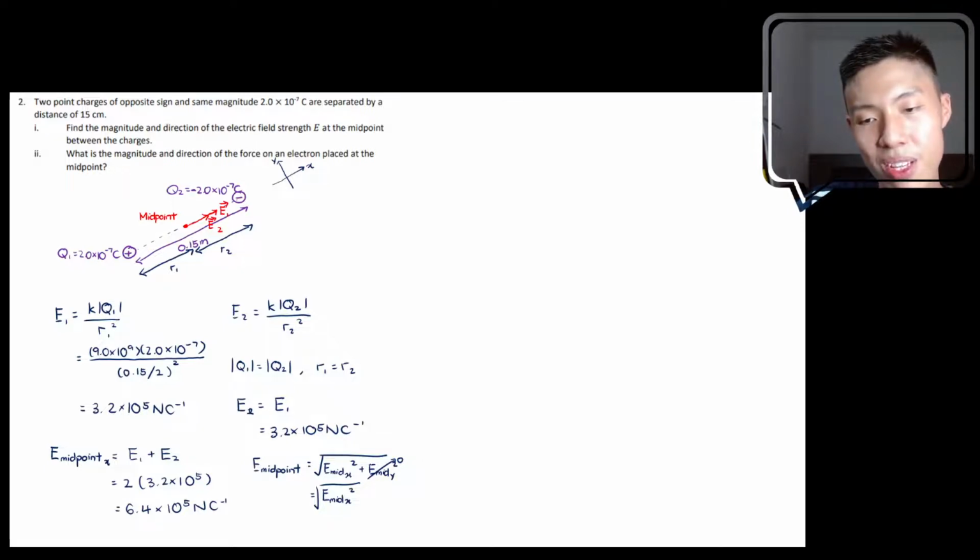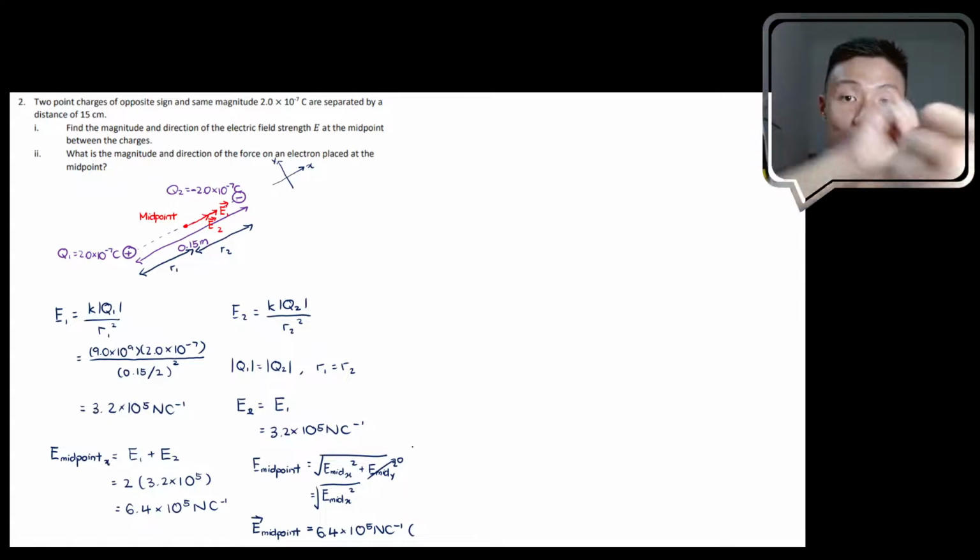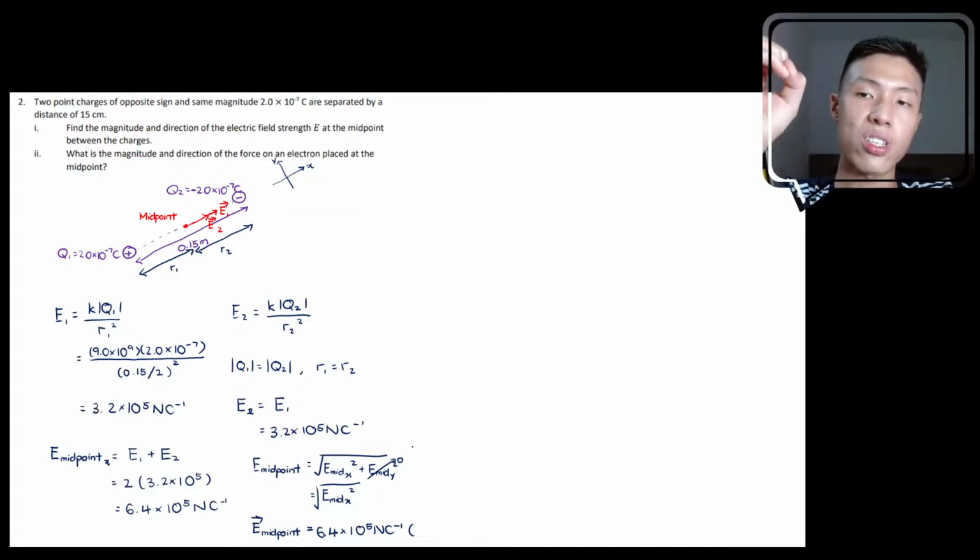Okay, so the magnitude and direction, let's just write it straight away. The vector E at the midpoint, the electric field at the midpoint, is just 6.4 times 10 to the power of 5 Newton per Coulomb. And in this case, you might be tempted to write what degree, 45 degrees above the x-axis, or what is the degree over here? Well, they don't even tell us whether it's aligned on the x-axis, y-axis, or front back, or what. They don't tell us the orientation, so you have to give it in a way that is always correct no matter what the orientation is.